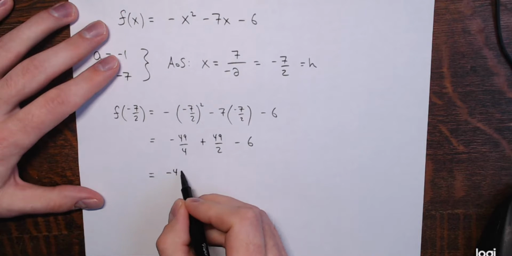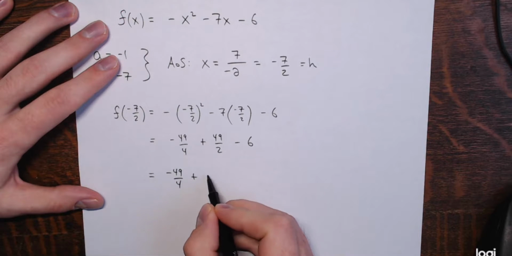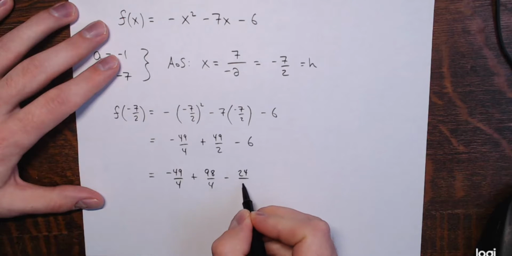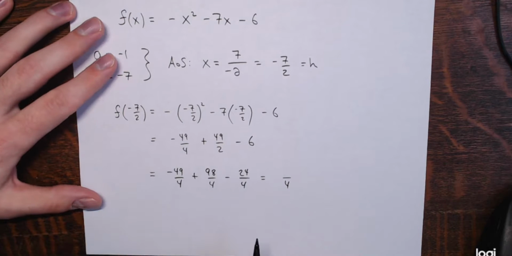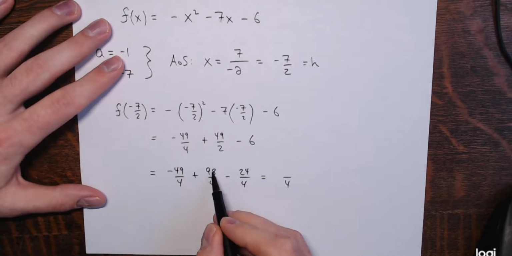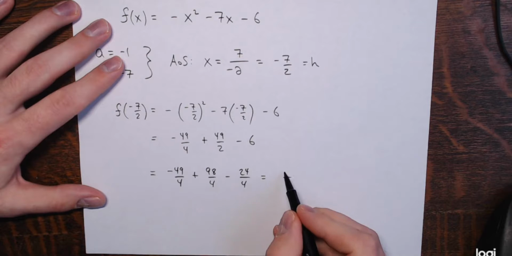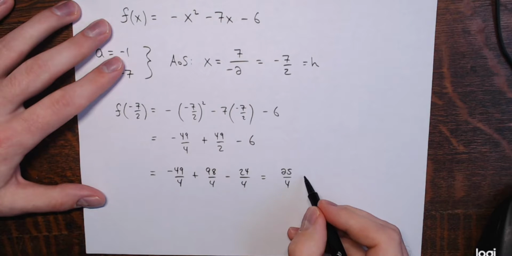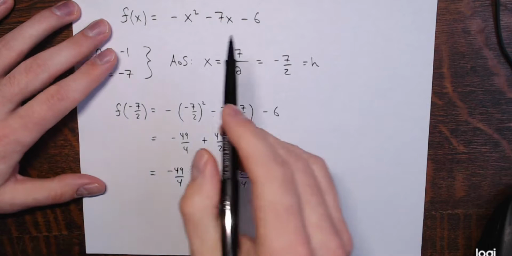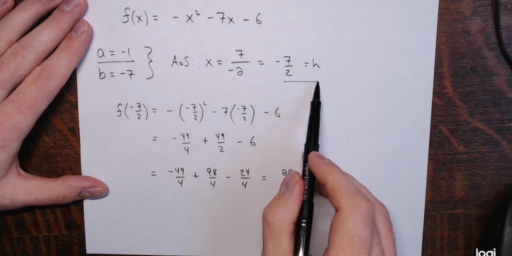So negative 49 fourths plus 98 fourths minus 24 fourths. And then this will all be over 4, and 49 minus 24 would be 25 fourths. That's k.